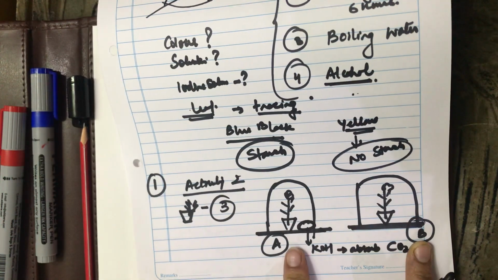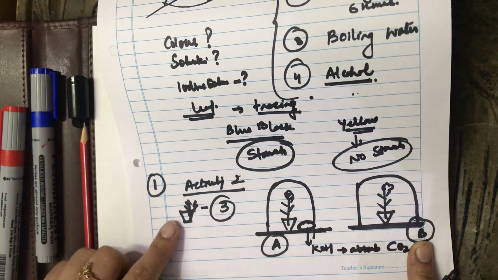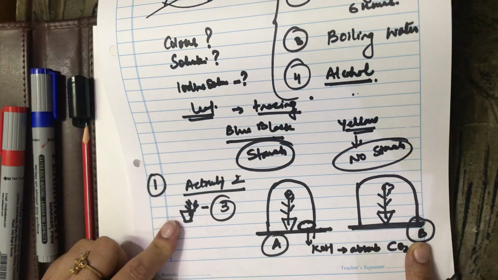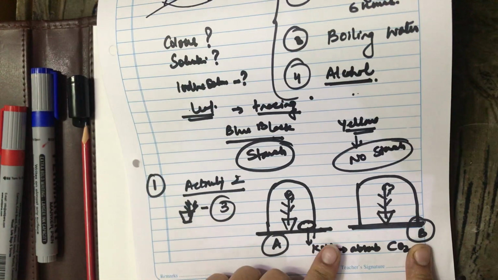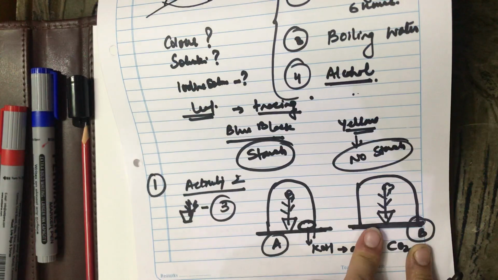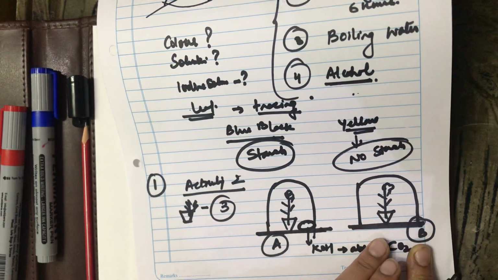A will turn pale in color and B will definitely show a little amount of starch formation and will turn blue-black in color when undergone this iodine test, right? Because starch test means we have done iodine test. So A will remain pale yellow, B, because of the presence of starch, will show a little blue-black coloration.